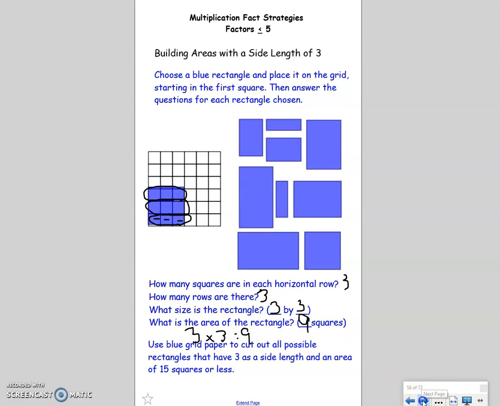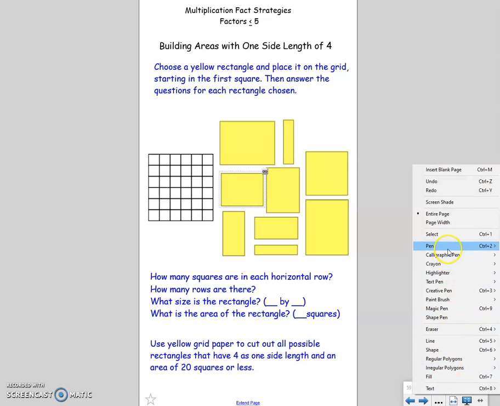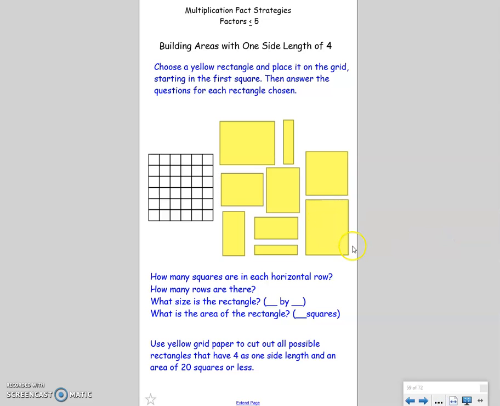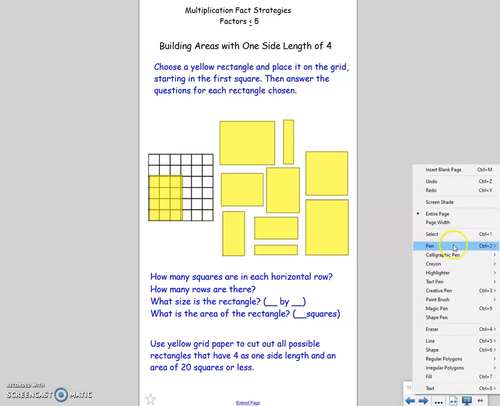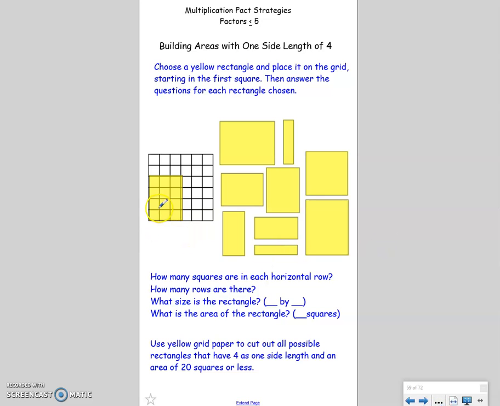Let's look at one more rectangle together. Here's our last rectangle. Let's see how many squares are in each row. 1, 2, 3. There are 3 squares in each row. And how many rows are there? 1, 2, 3, 4.